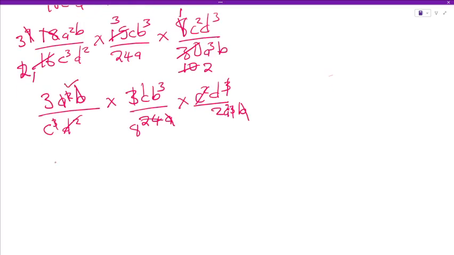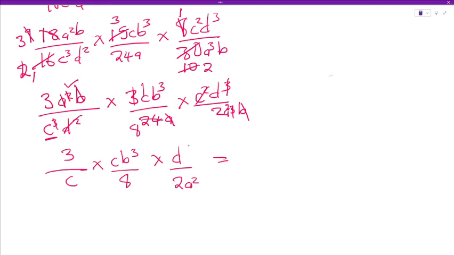So here we're just remaining with 3 over just the c remaining there, times here we're just remaining with c b cubed over 8 times there we have d over 2a squared. That should be pretty much it. Then we multiply everything. Let me just check that I've captured all the values. There everything is cancelled, just c b cubed. There we just have a d.